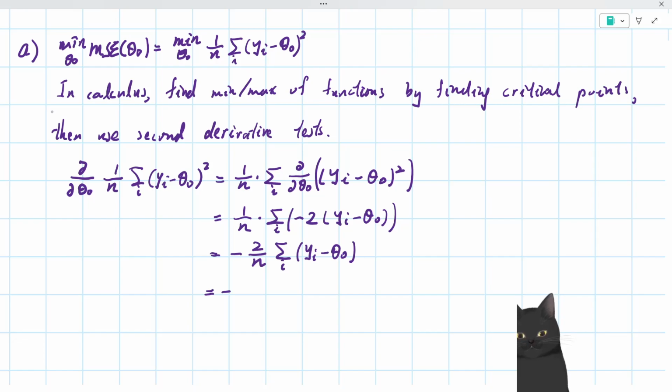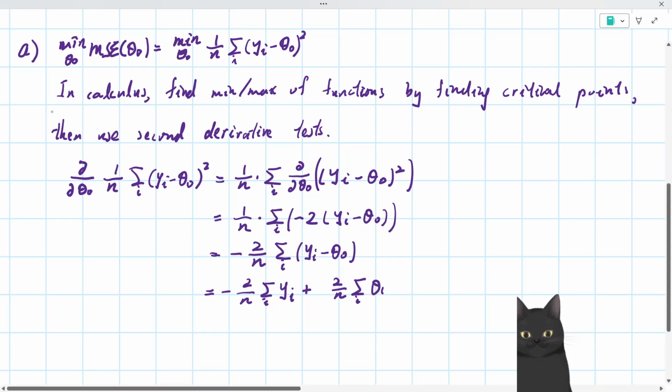Furthermore, pay attention that we can actually separate the summation. Since the negative of the theta naught and 2 over n cancel each other out, I'm just going to write it like this. Whenever we try to find a critical point, we want to make sure the first derivative is 0.